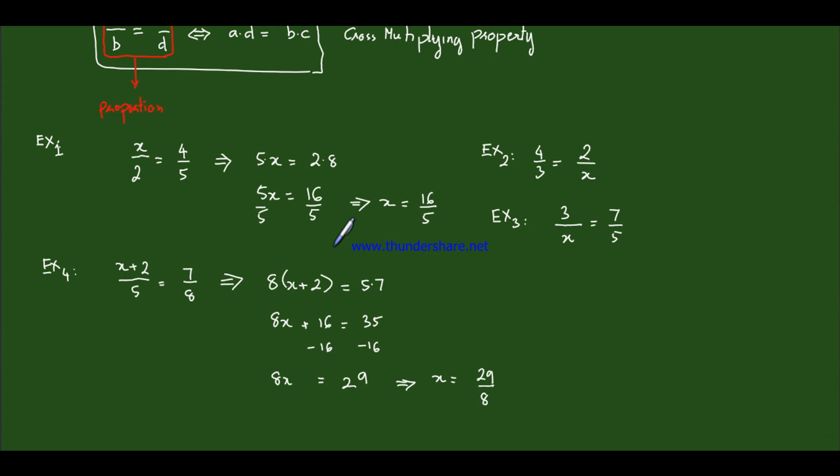If you have more than one x, it's still a proportion. Example 5, for example like this. What if I have (x minus 1)/4 equal (7x plus 2)? Is it a proportion? Yes. But in order to solve for this proportion, can we use the cross multiply property?